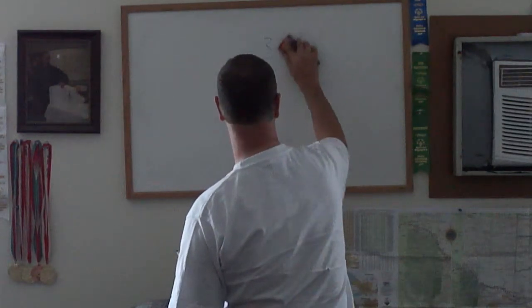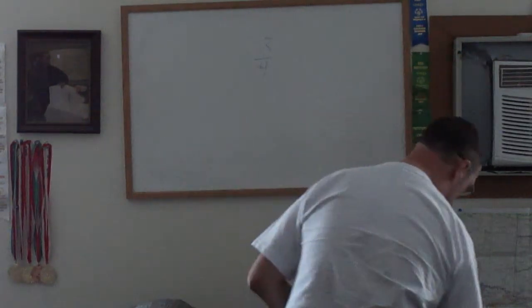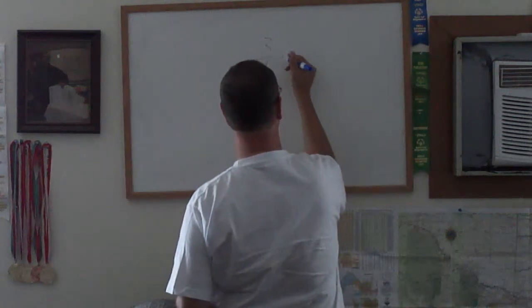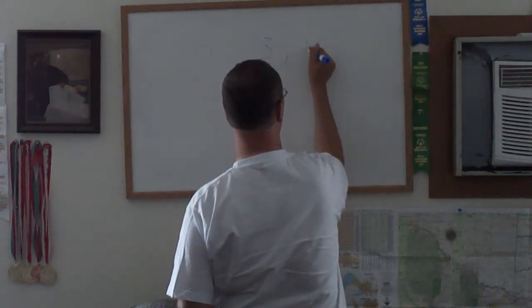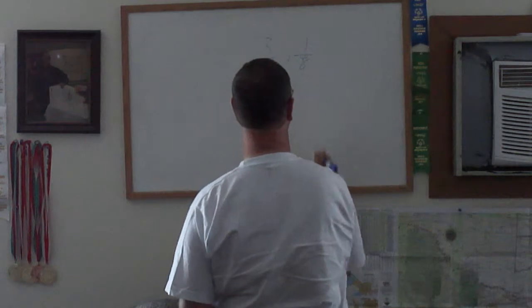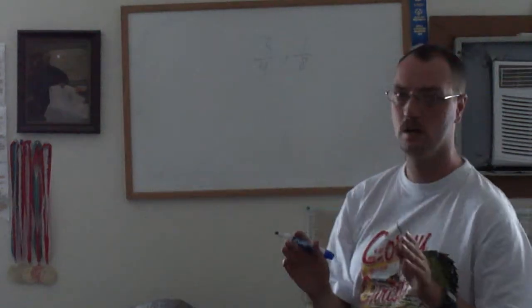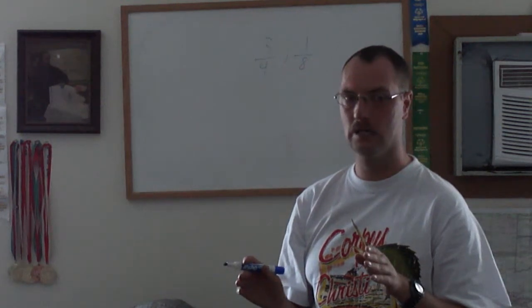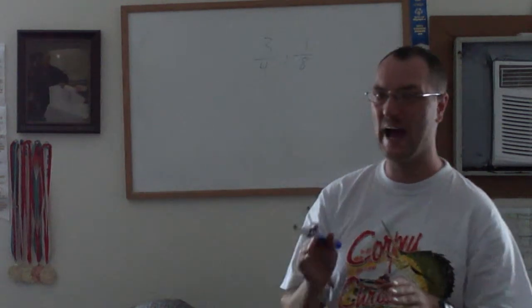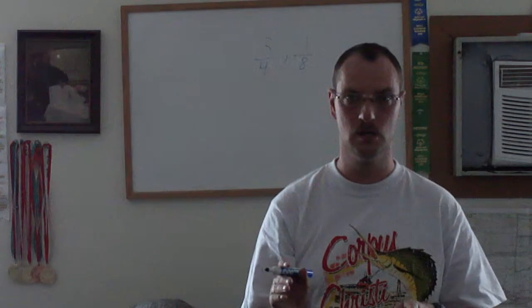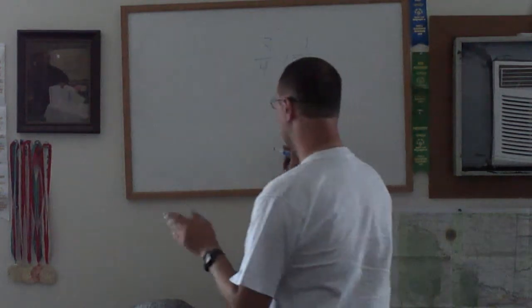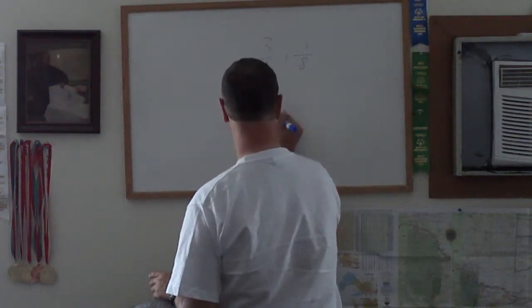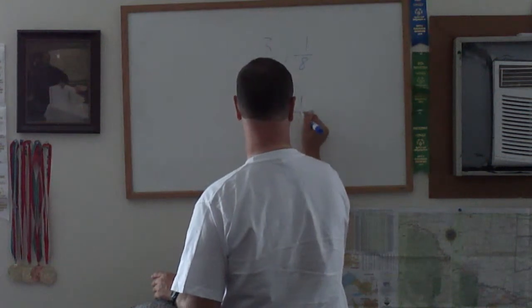Now, if I were to ask you to find the common denominator, let's say 3/4 and 1/8. And this is an introduction to adding and subtracting fractions. Let's say, for example, I have 1/2 and I want to add 1/4.